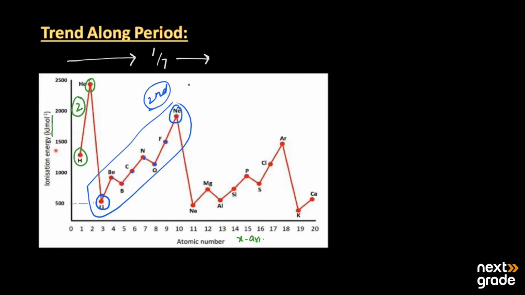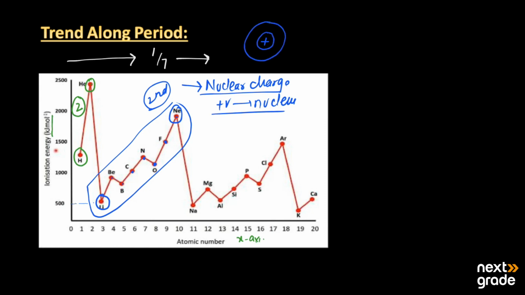Because when we move from left to right, there is an increase in the nuclear charge of an atom. When nuclear charge increases, it means the positive charge on the nucleus increases, so it pulls the electrons more tightly towards itself. For example, this is the nucleus and around it we have electrons, and the positive charge attracts the electrons towards itself more tightly.